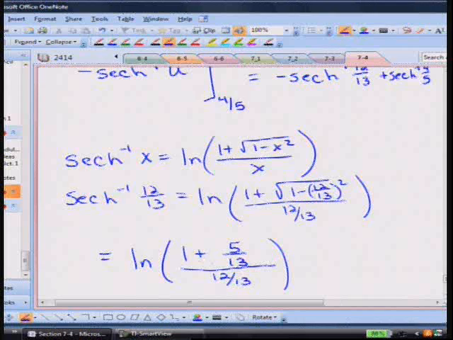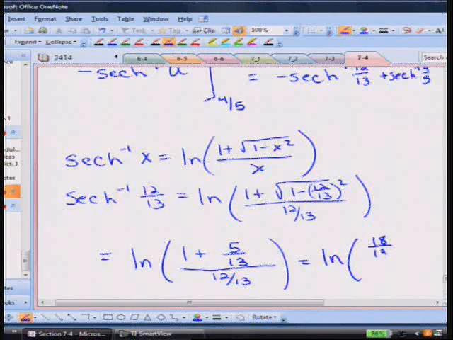And then you can get a common denominator here. So that's 13/13 plus 5/13, which is 18/13. So this is the ln of 18/13 over 12/13.